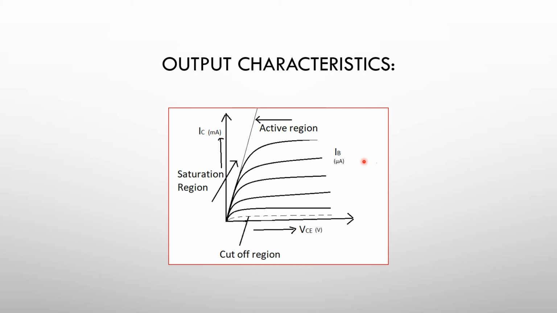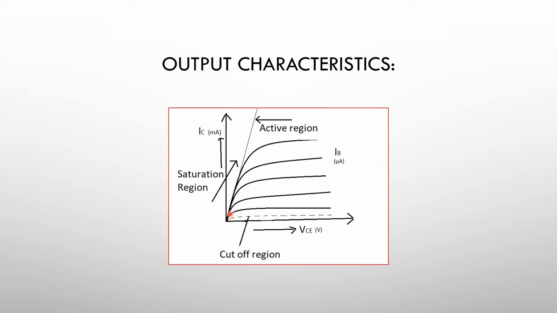So we can say that the collector current IC is the product of beta and IB, where a small current IC is not zero, and is equal to the reverse leakage current.